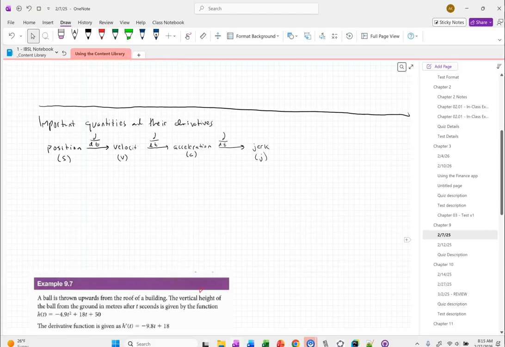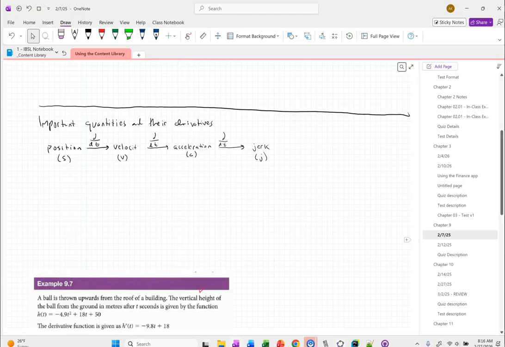So the derivative of position is velocity. The derivative of velocity is acceleration, which means that acceleration is the second derivative of position because you take the derivative twice to go from position to acceleration.